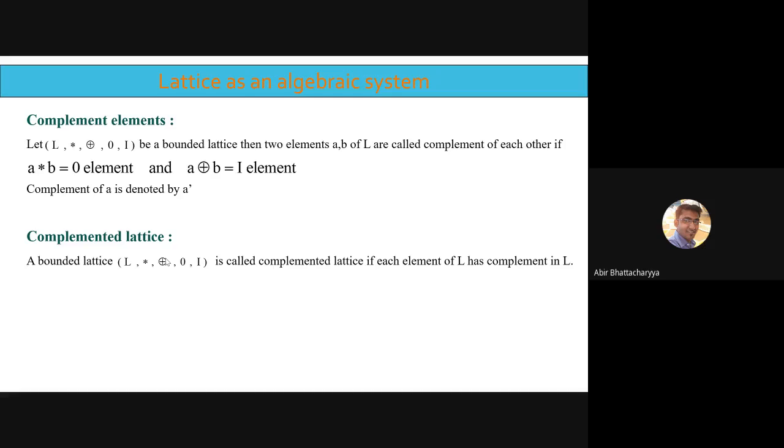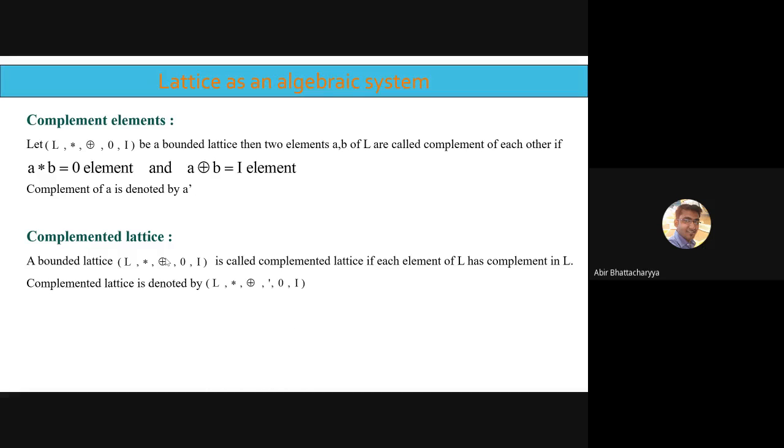The extra condition is that each and every element of L has its own complement, and all these complements belong to capital L. Clear? If this is simultaneously satisfied, then we can say that (L, *, +circle, 0, I) is a complemented lattice.